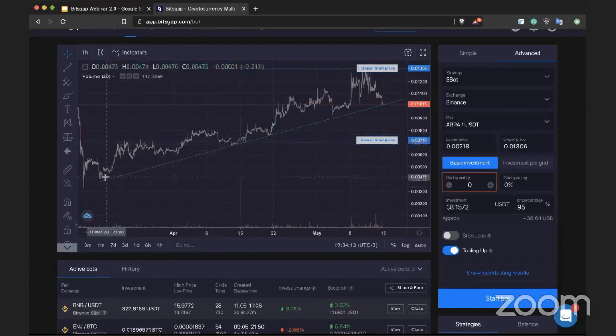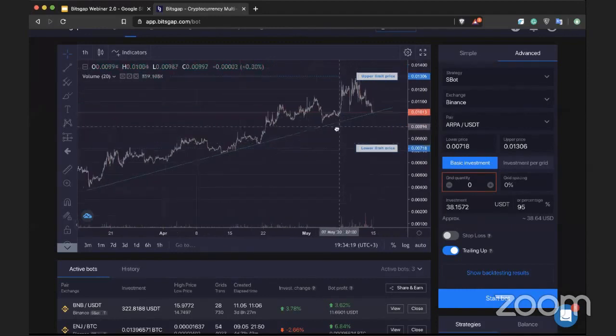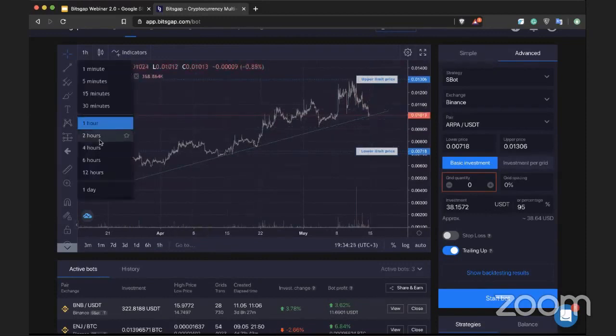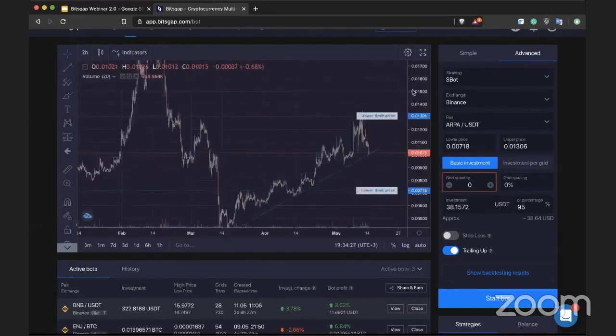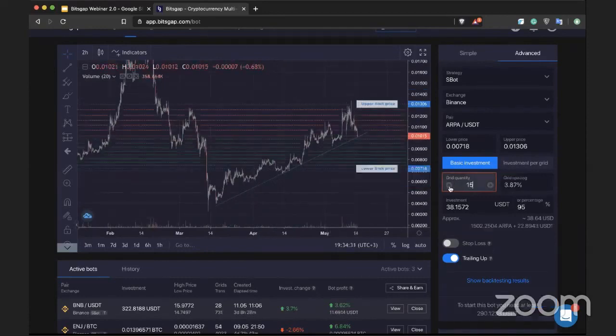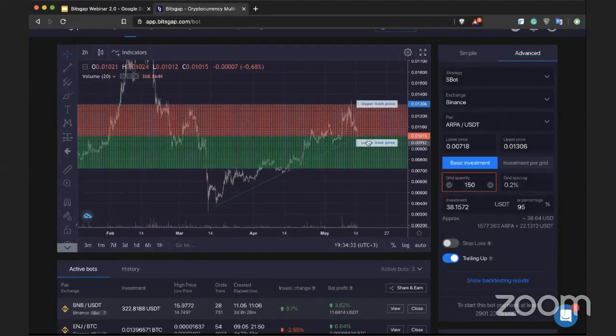So here's an example of the bounce off. Here's another example, the third one, the fourth one, and now we are approaching the next one. So you might consider entering the market right now. That would be an example of how you can initiate the trade.